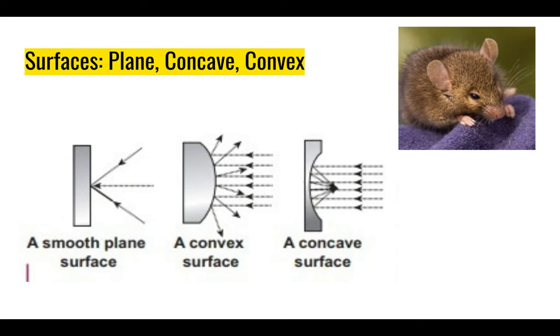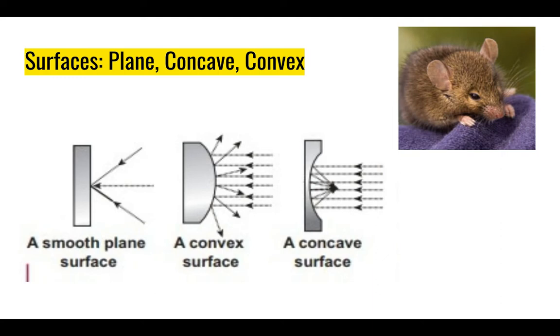And then that information will actually be directed and narrowed into my ear canal, and therefore I can interpret information. So the concave surface narrows information and energy. The convex surface spreads it out. Planar surface, the angle it's coming in is the angle it gets reflected.